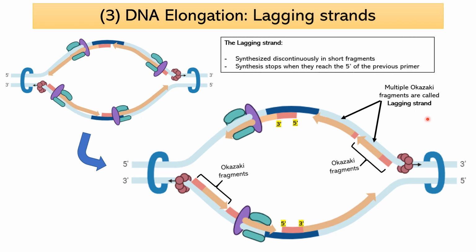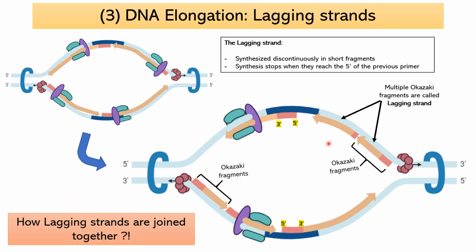The main characteristic of a lagging strand is that it's made discontinuously. It's not like the leading strand, which is continuous because it goes in the same direction as the helicase. However, these strands will stop after they reach the 5' end of the previous RNA primer. That's why they are made in small fragments.